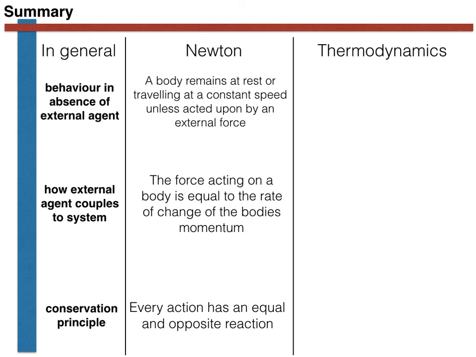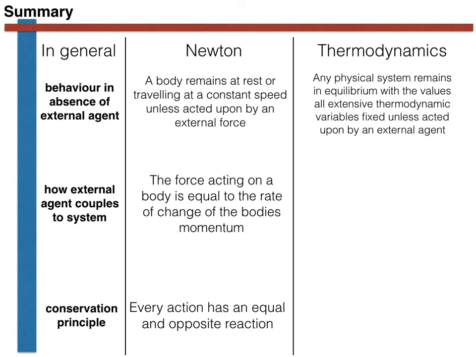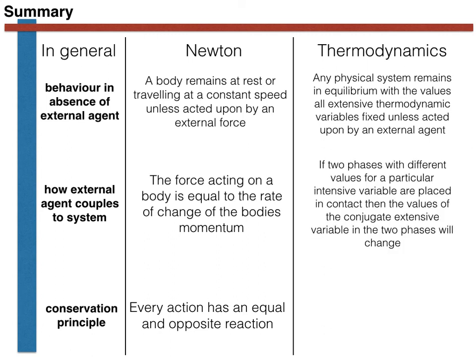In classical thermodynamics, we cover these three bases as follows. We state that a physical system will remain in equilibrium unless an external agent acts upon it. When the system is at equilibrium, its state is characterized by the values of the extensive thermodynamic variables. We then introduce the notion of a phase in order to describe how the system couples to its surroundings.